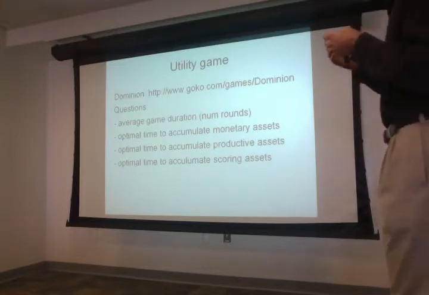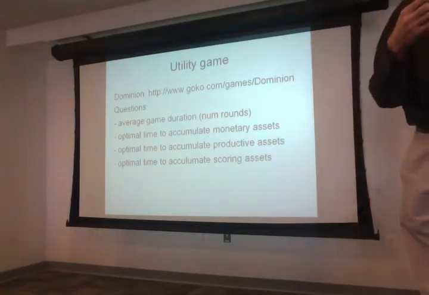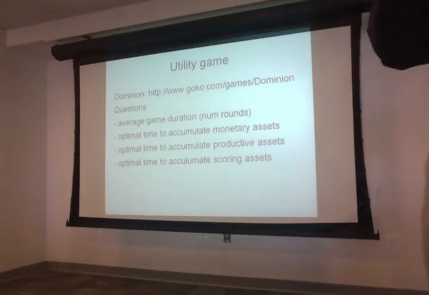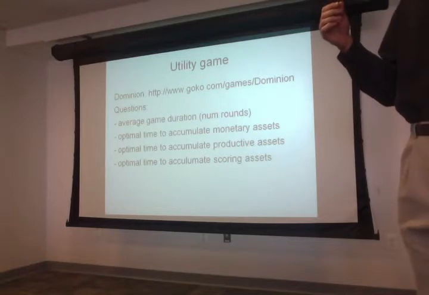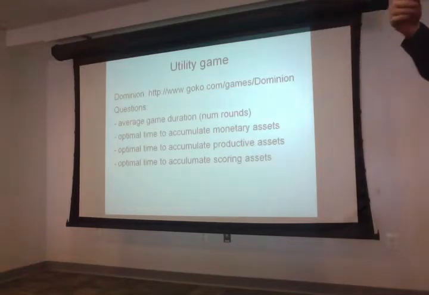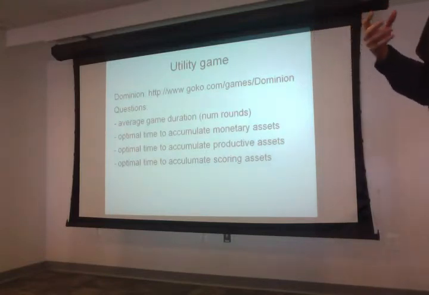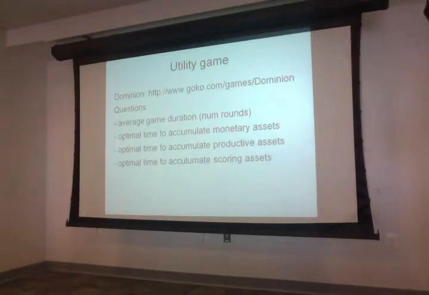The point of the game is at the end of the game to accumulate the most scoring assets. But the problem is that the scoring assets are basically inert; they just sit there. So if you start accumulating scoring assets very early in the game, they're going to interfere with your ability to produce more assets, right? Because they're just sitting there. So in every turn you draw some amount of cards from your deck, right?